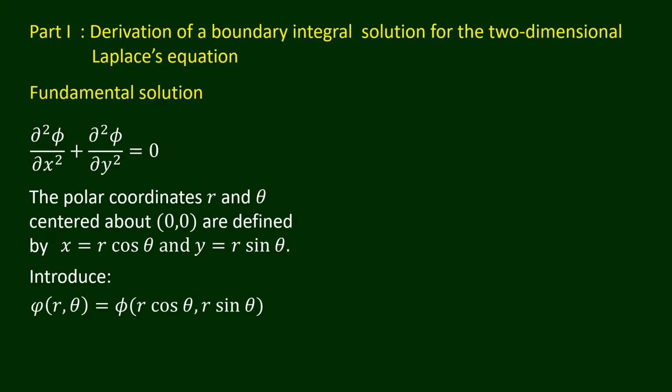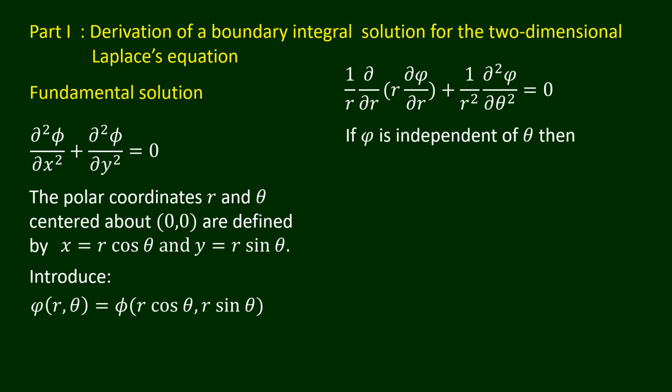In the polar coordinates, the two-dimensional Laplace's equation can be written as (1/r) ∂/∂r (r ∂ψ/∂r) + (1/r²) ∂²ψ/∂θ² = 0.